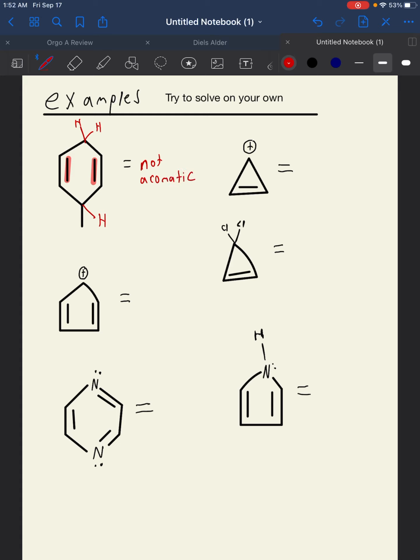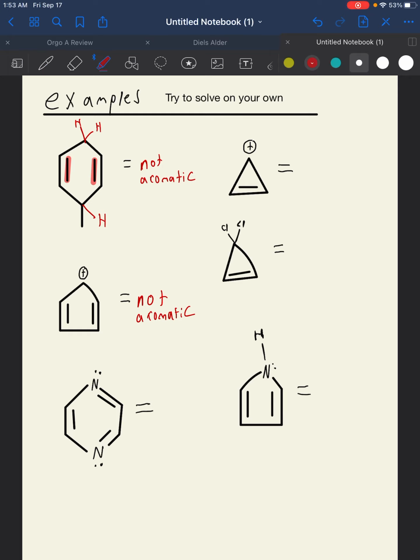Next one, 2, 4, we have an open orbital right here to move into, but once again only 4 pi electrons, so doesn't follow Huckel's rule. It's not aromatic.